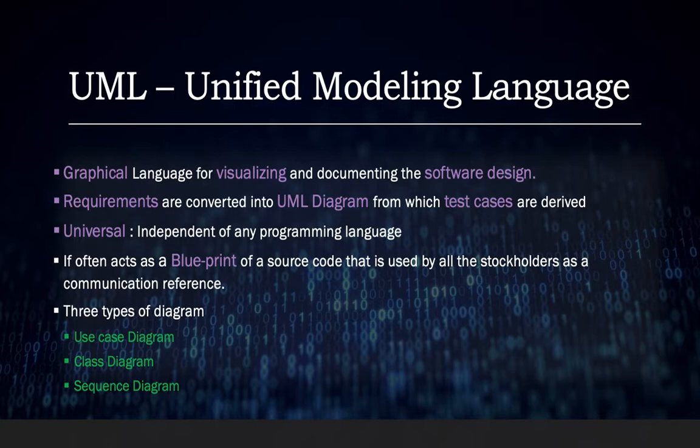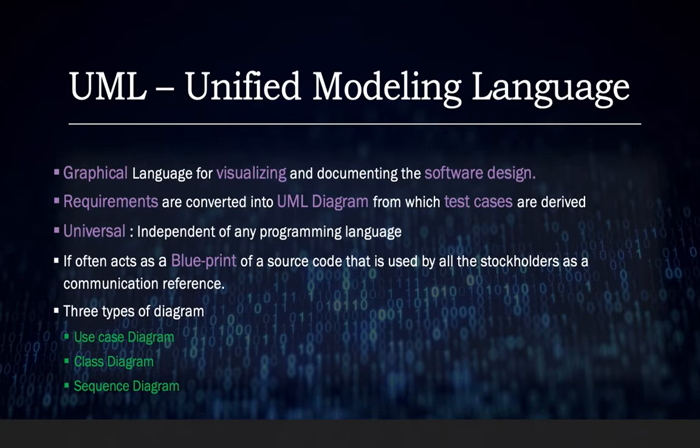The cool thing about UML is that it is independent of any programming language or any platform. All the stakeholders involved in the project activity for software development or testing use this diagram as a reference during any crucial communication.